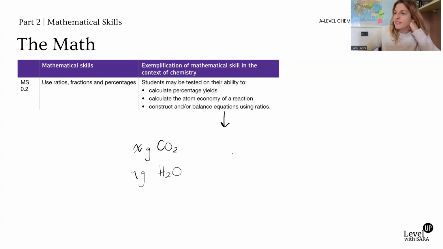So here you will need to find the ratios between each element in order to write down the amount of X and Y. Okay, so this is what I mean in terms of finding the ratios.